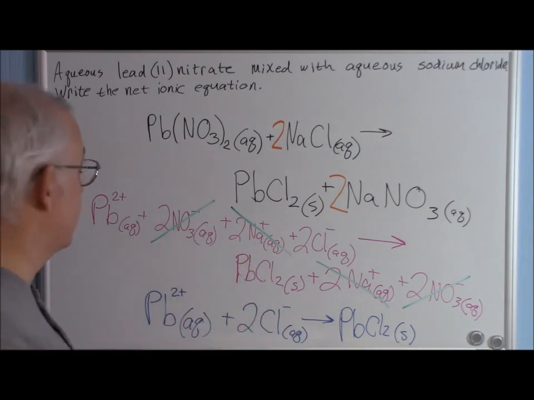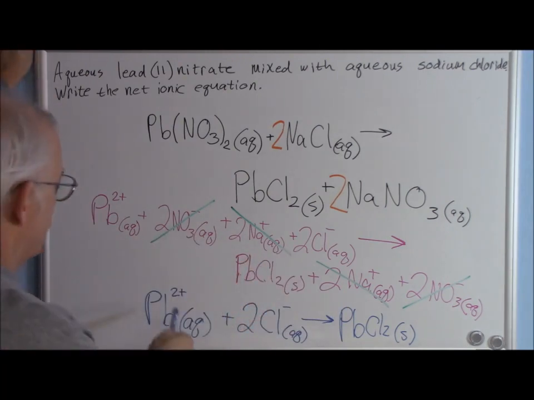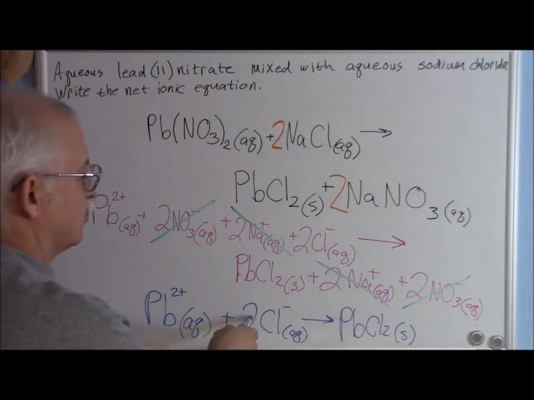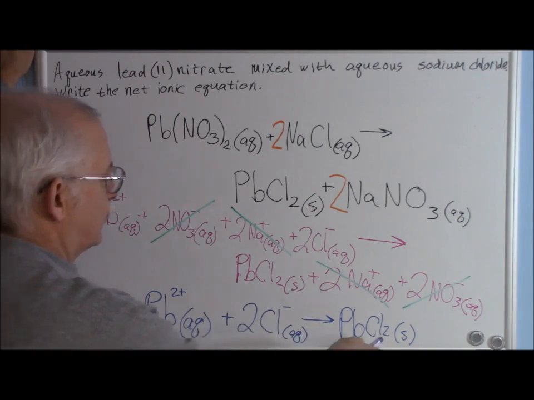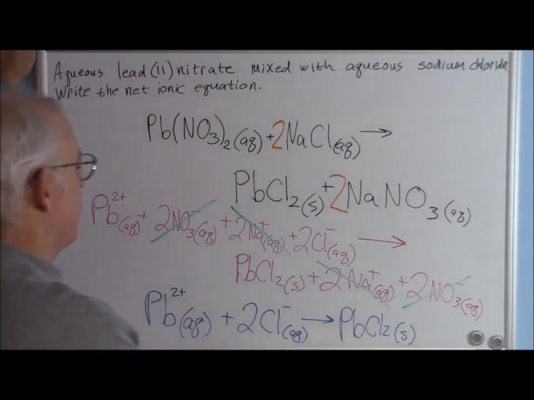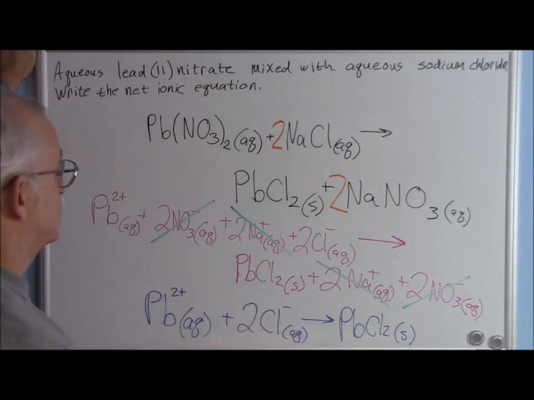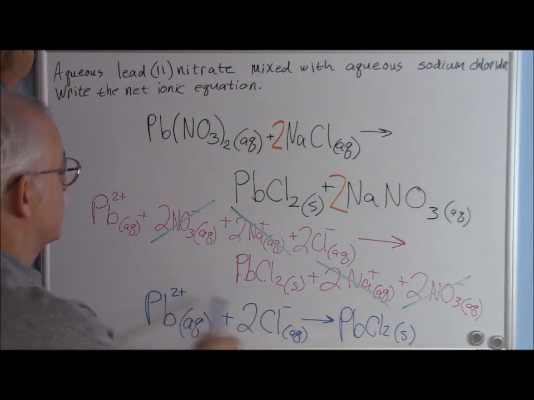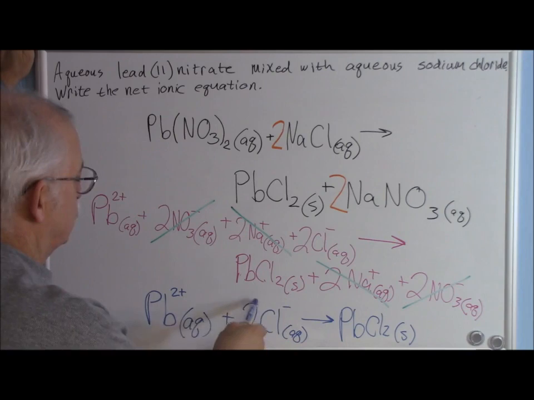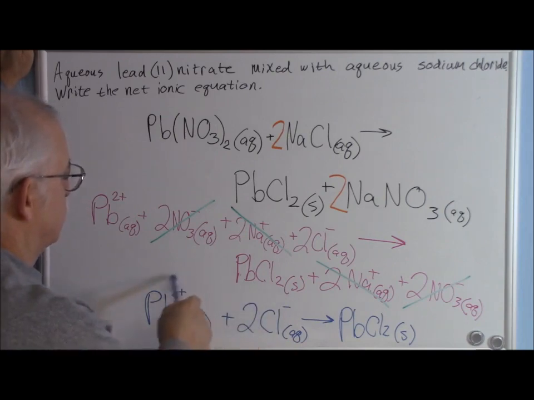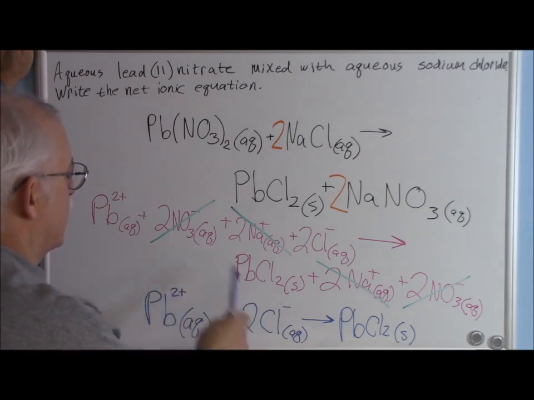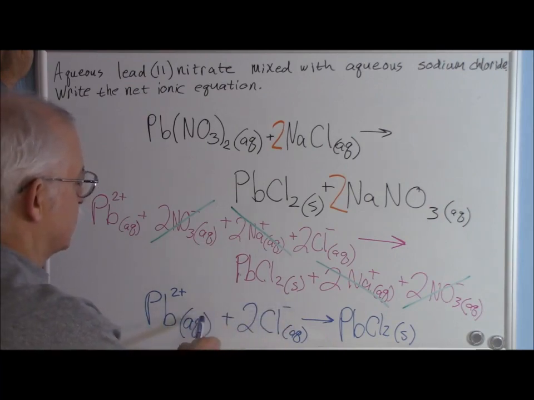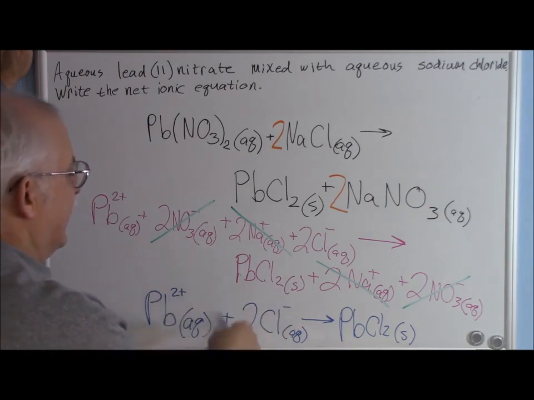Now let's verify that it's balanced. We have 1 lead on the left, 1 lead on the right, 2 chlorides on the left, 2 chlorines on the right. Charge-wise, we have to look at charges. We have a +2 charge here, a -2 charge here, so we've got a +2 ion and 2 -1 ions, so that's essentially a +2, -2.